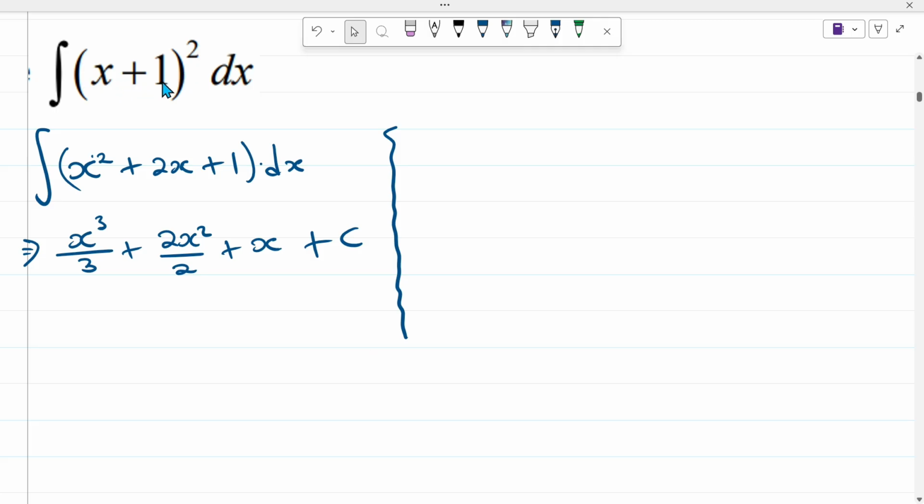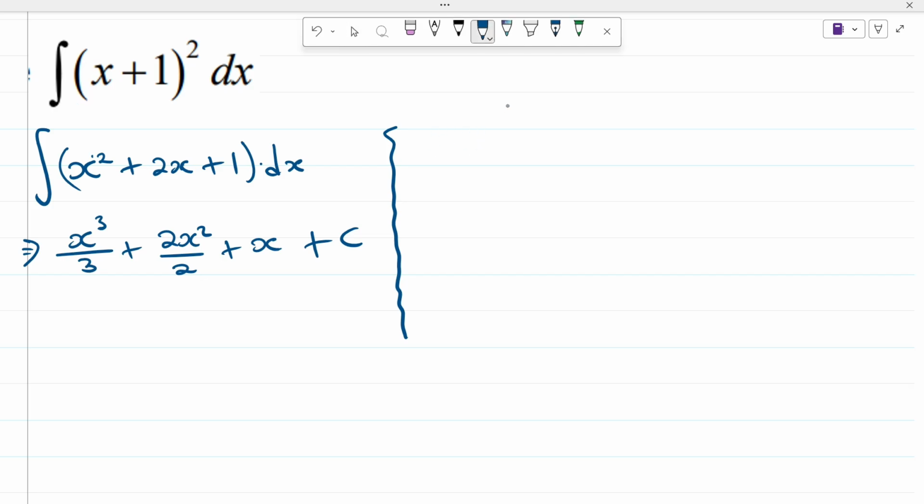Remember, general power rule, we check if there is a function and its derivative. Always the thing that is inside the bracket, we tend to use it as our f of x, and whatever is outside the bracket, we tend to use as our f prime of x. So when we differentiate x plus 1 with respect to x, we're going to get 1, right? The 1 which is here, the constant which is here already. So that means we can use general power rule.